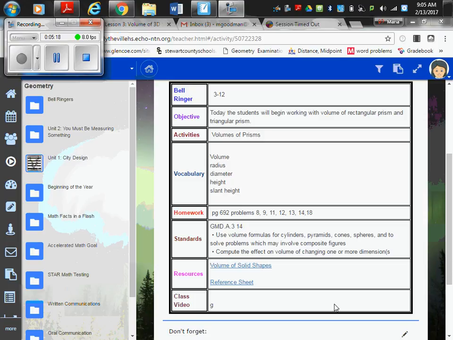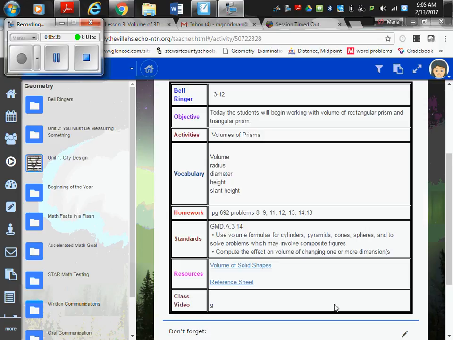all right, your assignment is volume of solid shapes. This is your textbook. Here's your textbook. And you're doing problems 8, 9, 11, 12, 13, 14, and 18. All right, it's right here on your agenda.